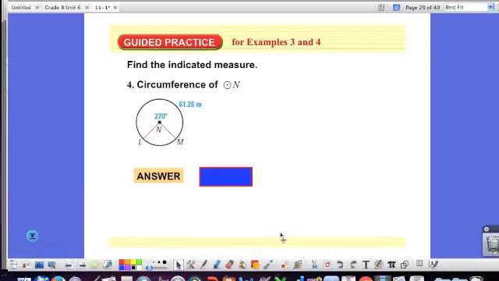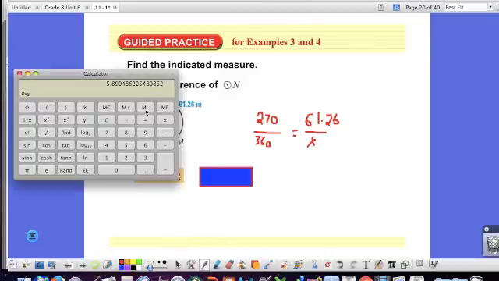Now we're going to find the actual circumference of circle N. So we have an obtuse angle here, 270 out of 360 equals 61.26 over x. I could simplify, but I see no reason to because I'm using a calculator.